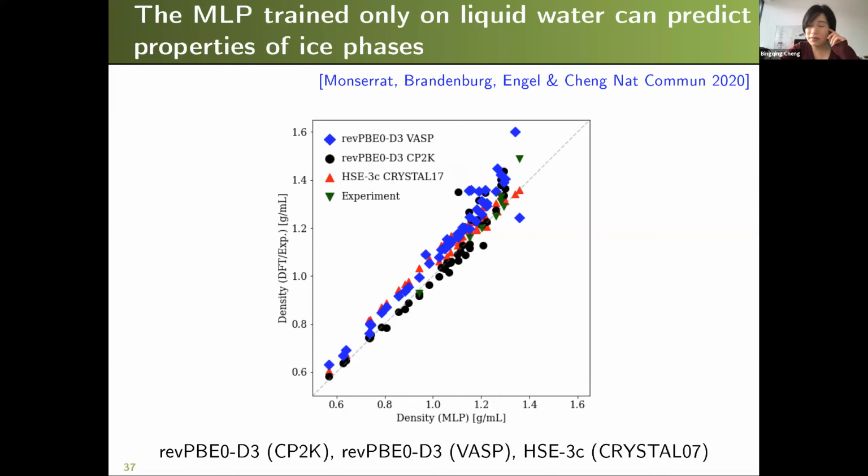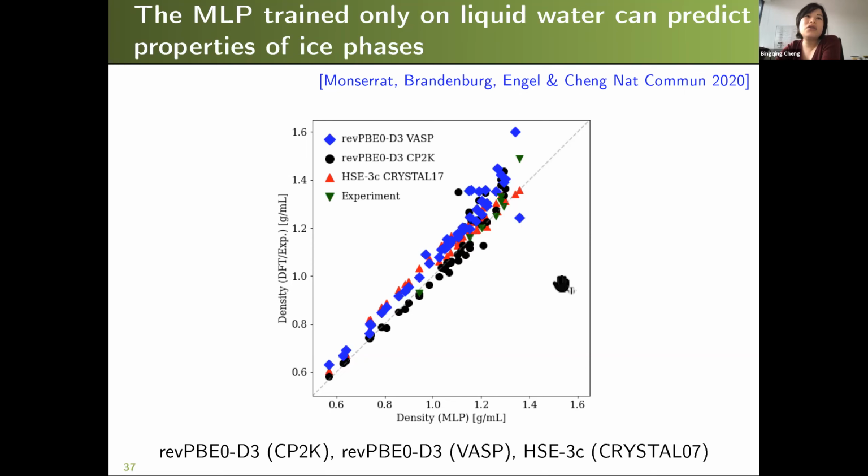So to confirm that this machine learning potential can indeed predict properties of the ice phases, we did some benchmarks. We show the comparison between the density predicted by the machine learning potential against the density computed at the DFT level using different setups, VASP or CP2K, as well as different hybrid functionals.